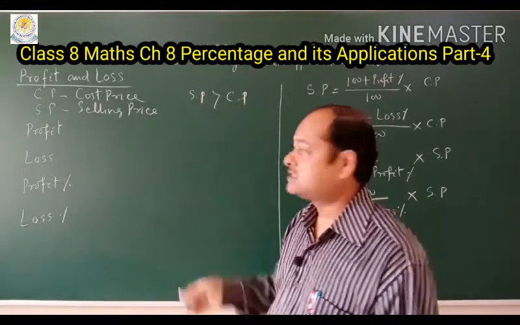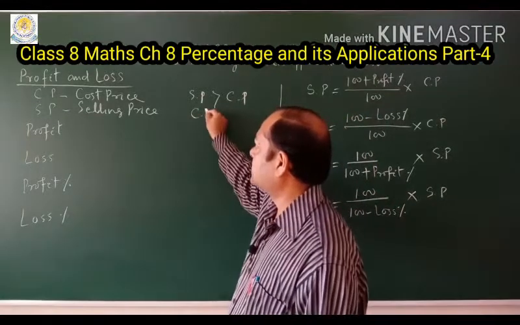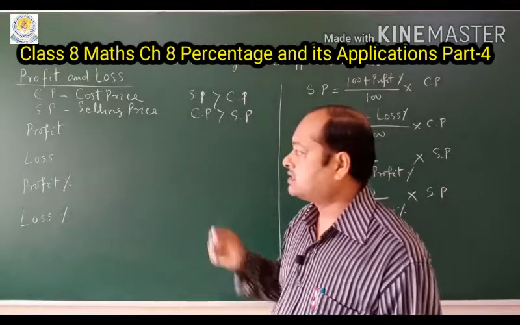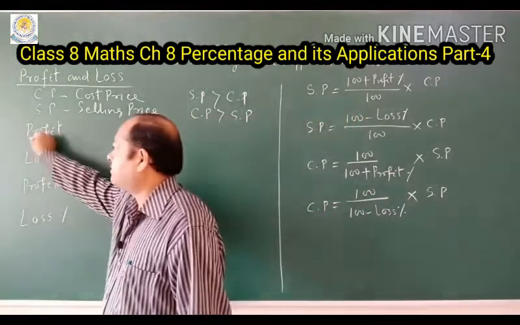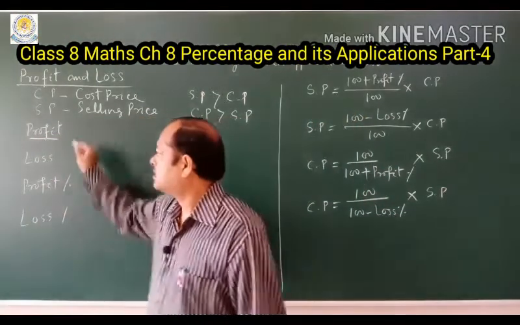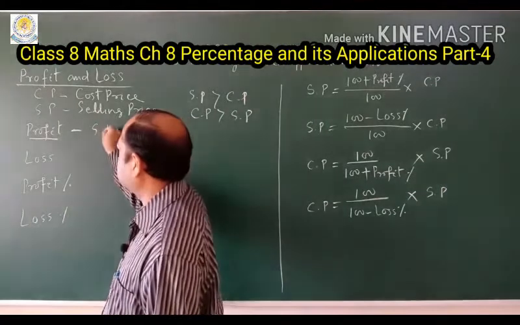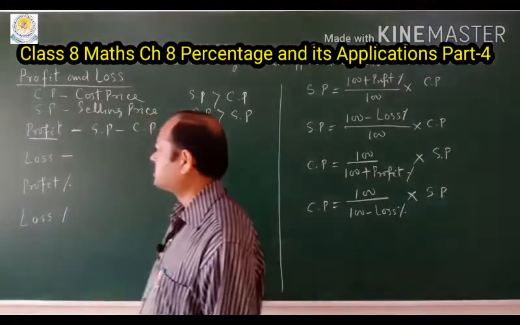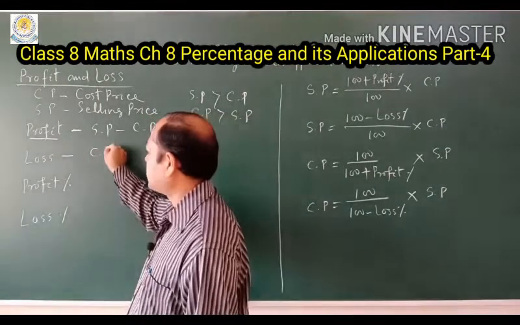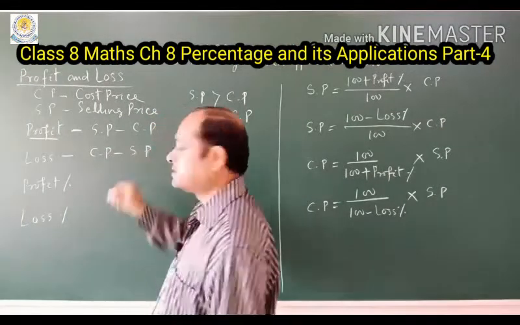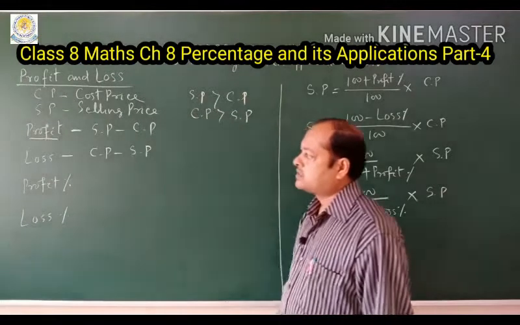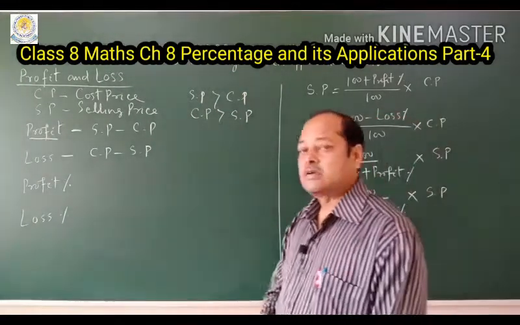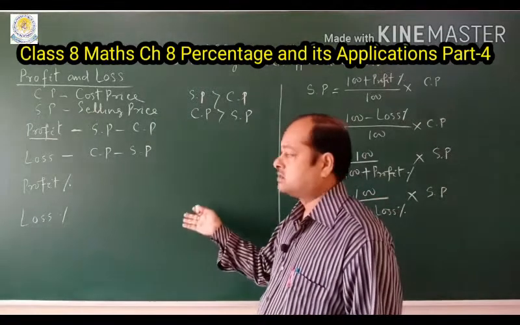And just the reverse: whenever the cost price is greater than the selling price, we call it a loss. Okay, so clear? Profit means selling price minus cost price. And what is loss? Loss means cost price minus selling price. So profit means selling price minus cost price and loss means cost price minus selling price.